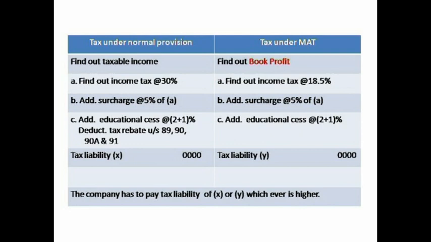Under MAT provision, again you have to apply the MAT tax rate, that is 18.5%, then add the surcharge at the rate of 5% and then educational cess at the rate of 2% and 1%. Then you will get the tax liability as per MAT provision.